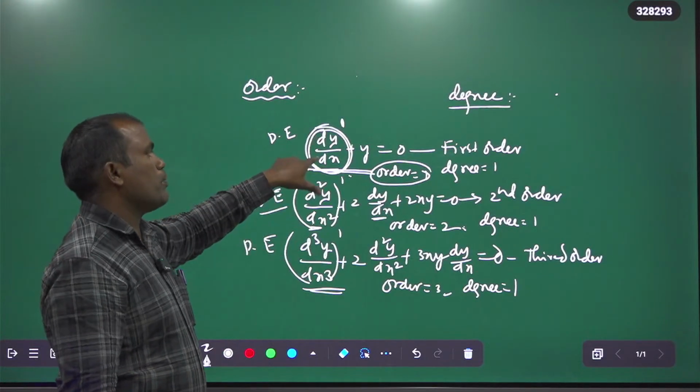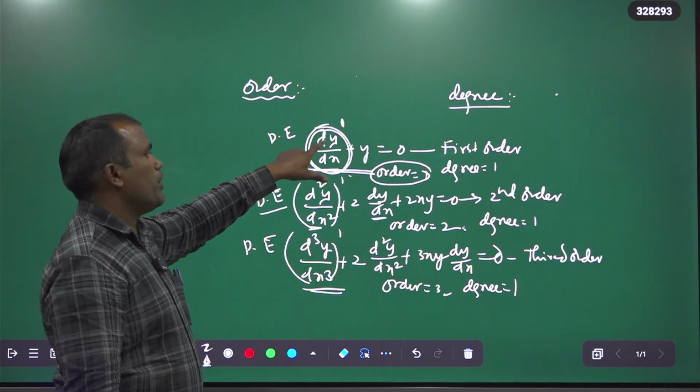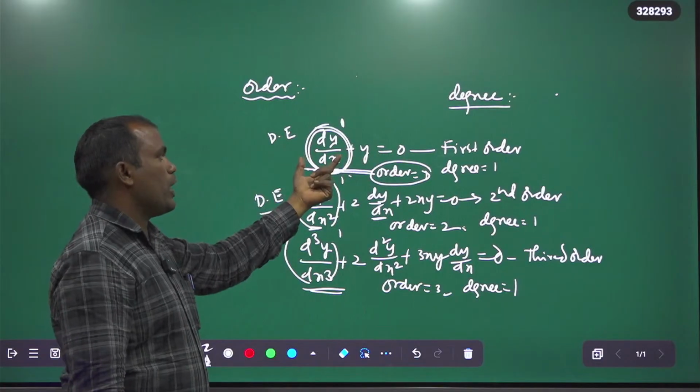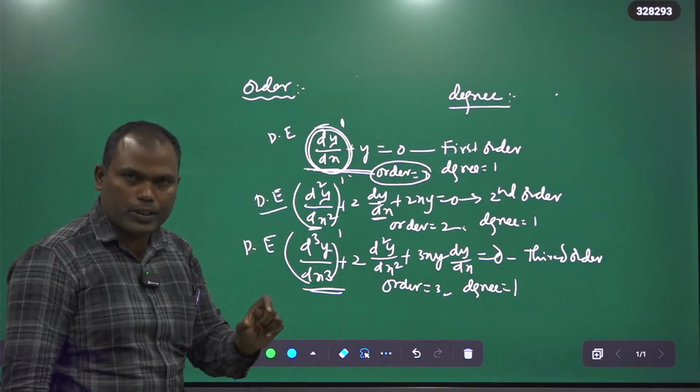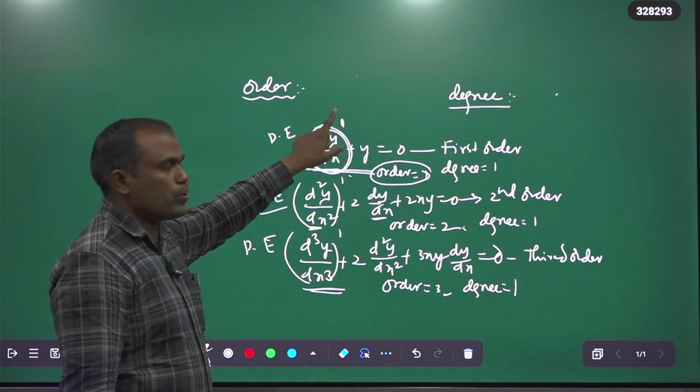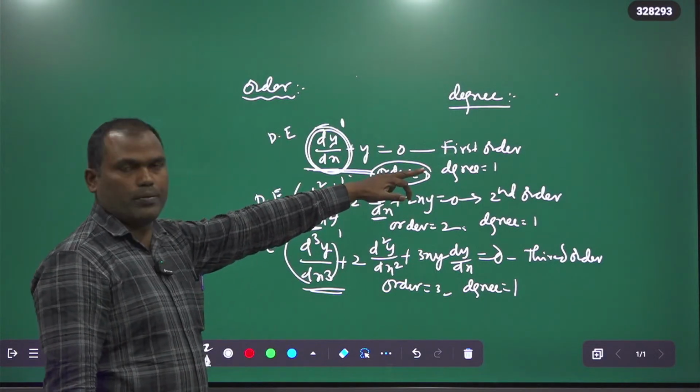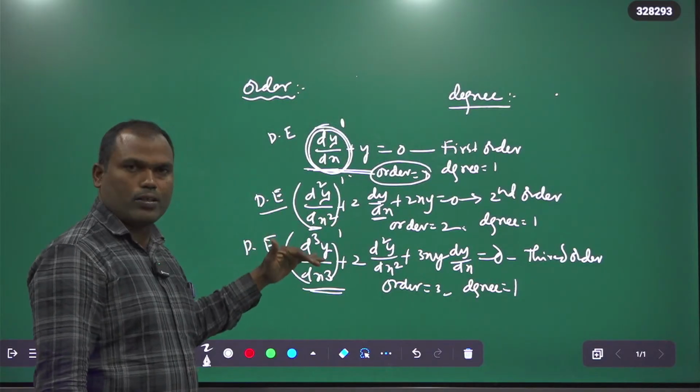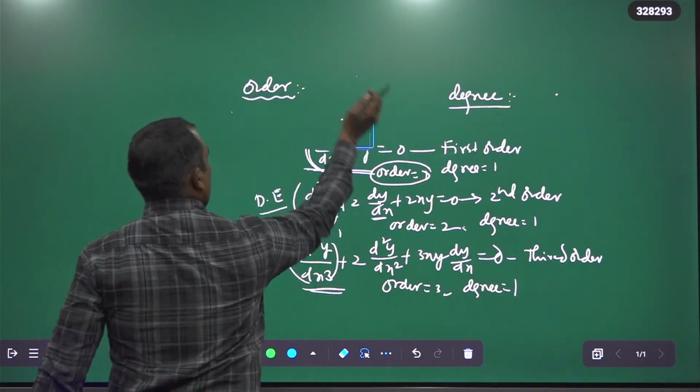So for example, if you take the first example, dy by dx plus y equal to 0, the highest derivative is nothing but dy by dx only. The power of the highest derivative here is 1. So that's why the degree is 1. Similarly, the second and third also. Okay. Now coming to next.